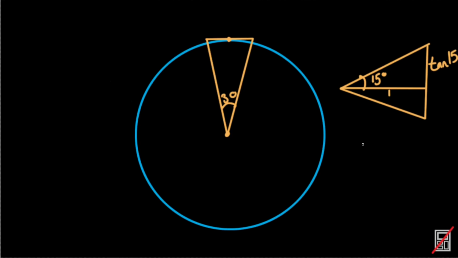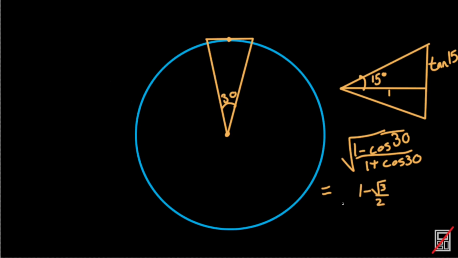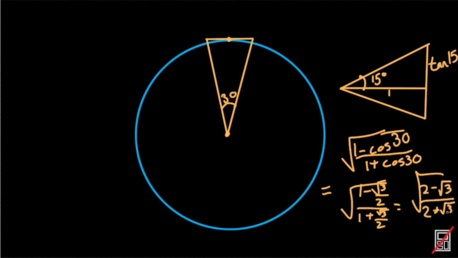We can use the half tangent formula to get 1 minus the cosine of 30 over 1 plus the cosine of 30, which gives you, rearranging this around, 1 minus root 3 over 2 over 1 plus root 3 over 2, which equals 2 minus root 3 over 2 plus root 3.